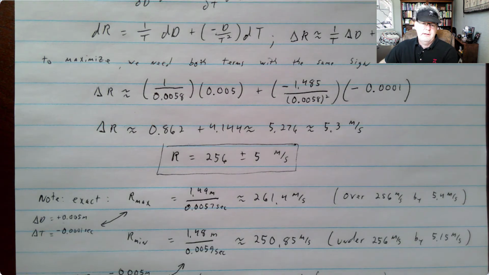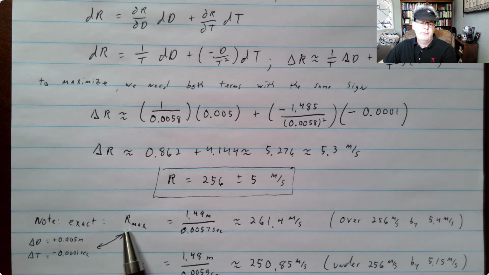What's the maximum rate possible that we could have gotten with our values? Well, the maximum rate of the bullet would come from the distance being the max possible, which would be 149 centimeters, or 1.49 meters, and the time being the minimum possible, which would be 0.0057 seconds.